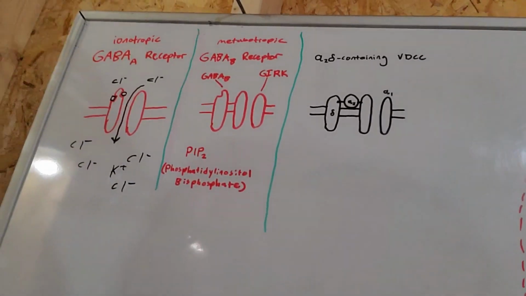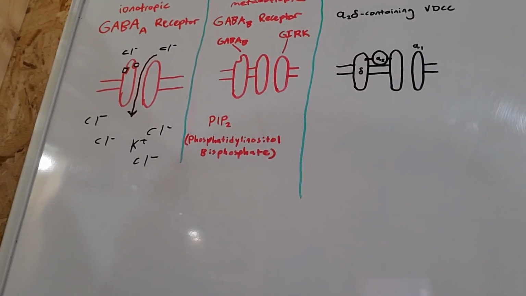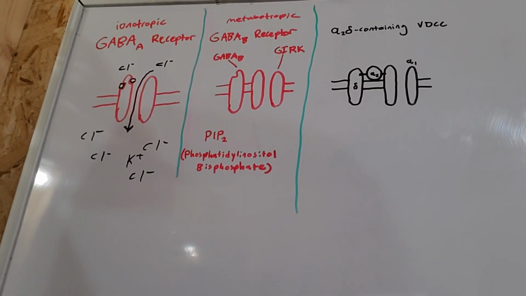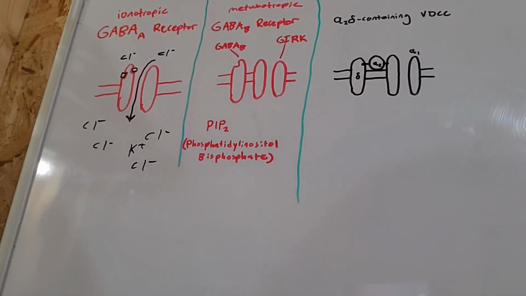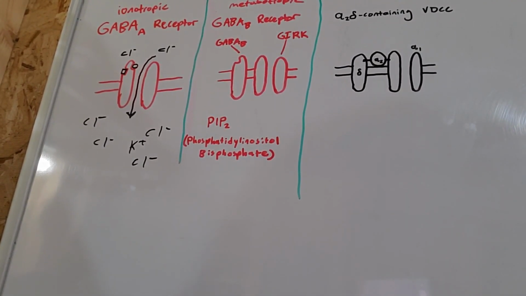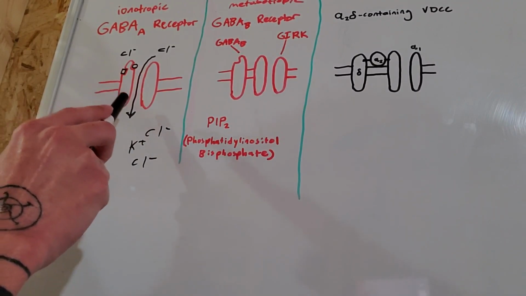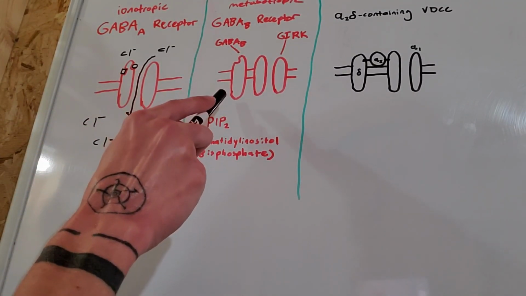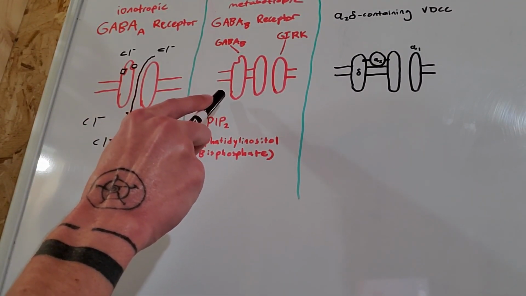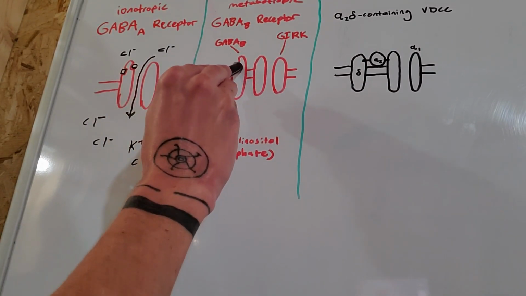So GABA-B receptors are distinct from GABA-A receptors in that they are not ionotropic receptors, they are metabotropic, which means that instead of directly opening an ion channel, like in the case of GABA-A receptors, the GABA-B receptor is a G protein coupled receptor. So you have this G protein receptor here.